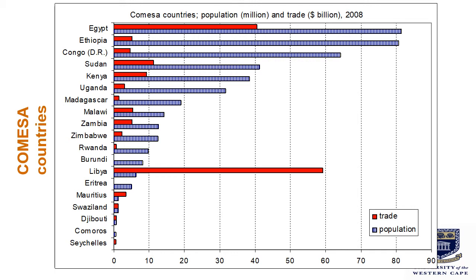Meaning, if you have a higher population size, it would not necessarily mean that you also have a higher volume of trade. And this is shown by Libya. Libya actually has quite a small population size, but it has the highest amount of trade of the COMESA countries.